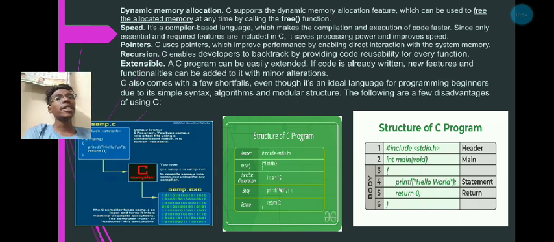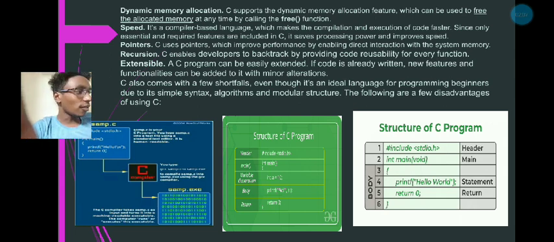Speed: it is a compiler based language, which makes the compilation and execution of code faster, because C is based on the compiler. Compilers are generally faster than interpreters.